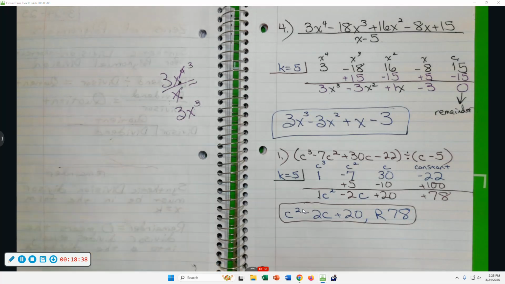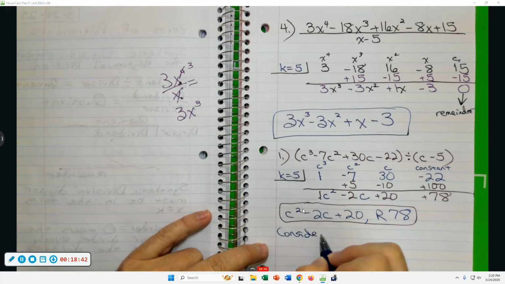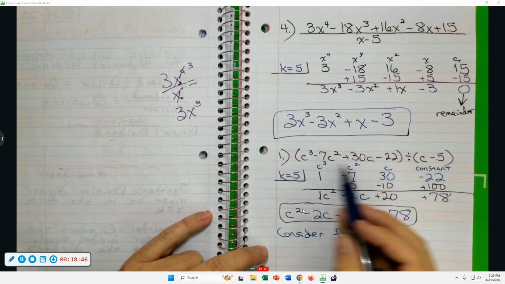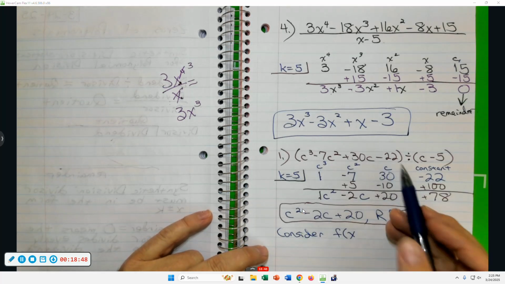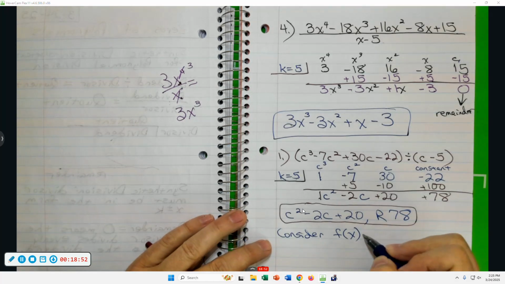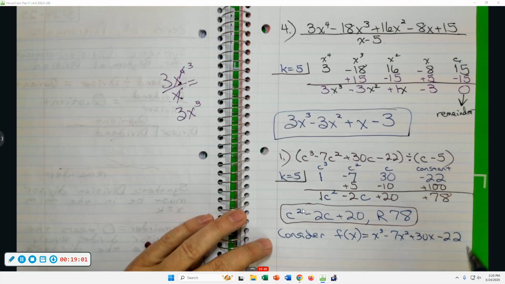Okay, I want you to consider the following function. It's the same dividend we have here, but I don't like those c's, okay? So I'm going to label it f of x. f of x is equal to x cubed minus 7x squared plus 30x minus 22.